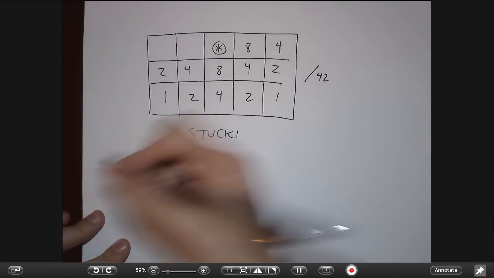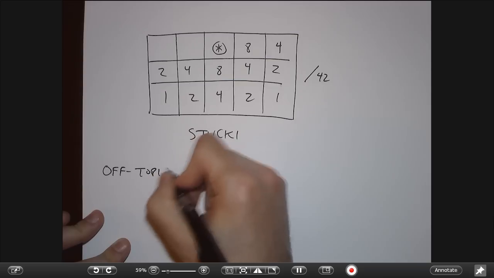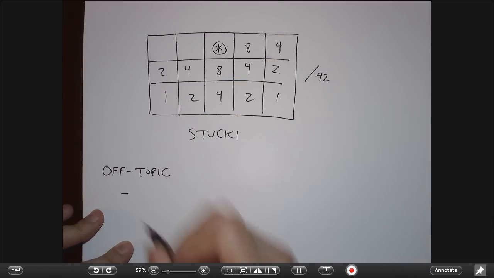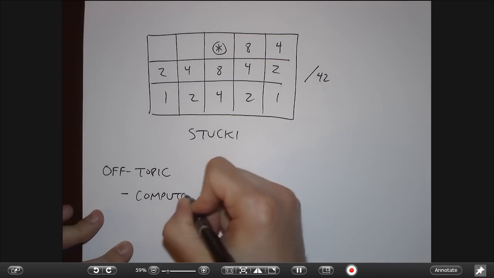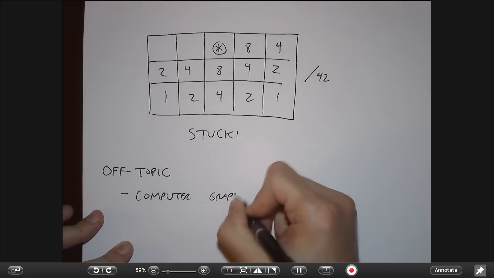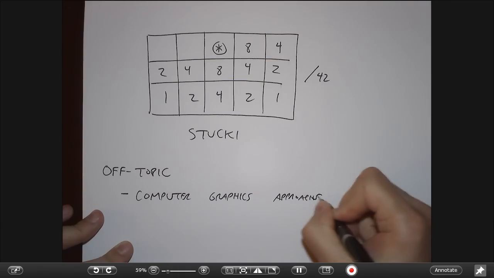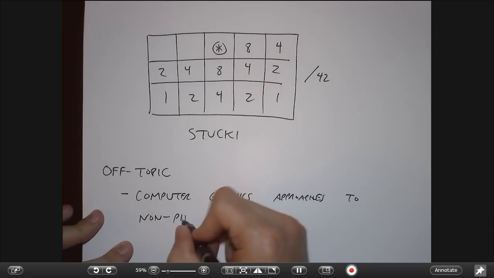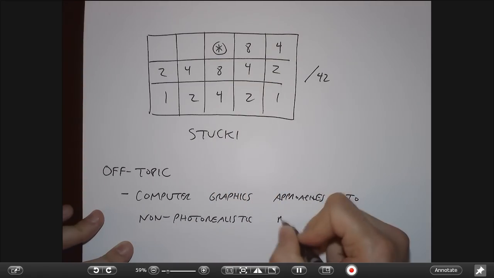of off topic, let me say, because this isn't really image processing, it's more like computer graphics, there are kind of cool computer graphics approaches to what I would call non-photorealistic rendering that are kind of relevant to this idea, right?